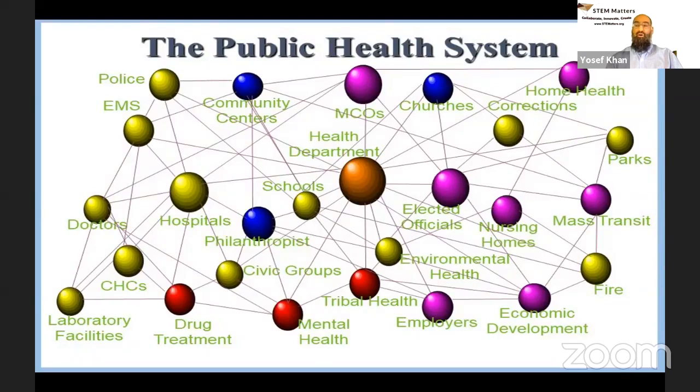There are schools. There are health departments, the police, the fire departments, laboratory facilities, mental health facilities, communities, and entities that are focused on economic development. All of these together are the public health system. And as you see the links between them, they are all intertwined and linked to one another.